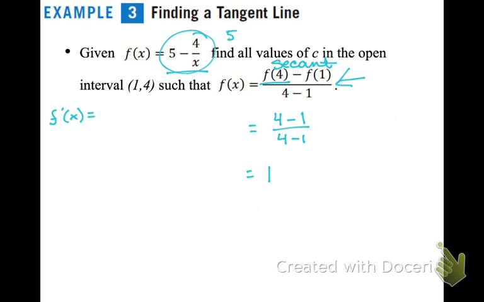No, because this would be 5 minus 4x to the negative 1. So then that would be 4x to the negative 2, or 4 over x squared? Yes? Yep. So then we need to set this equal.